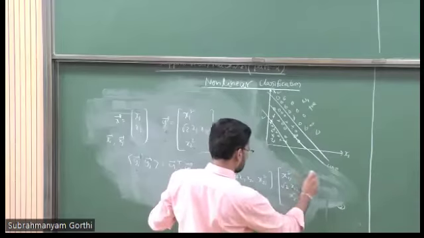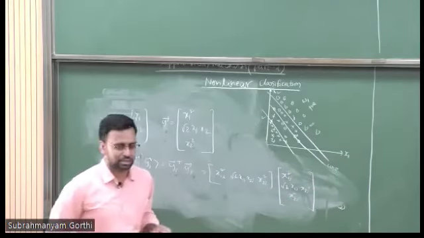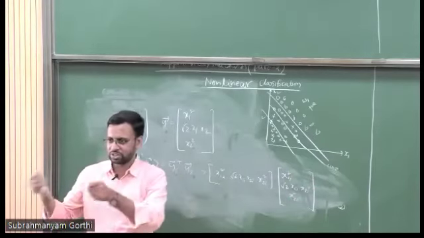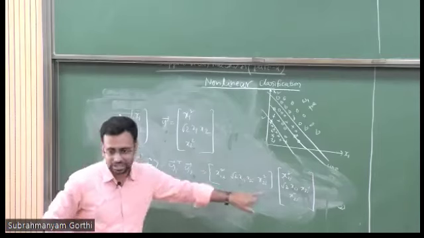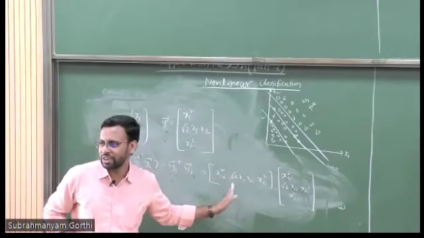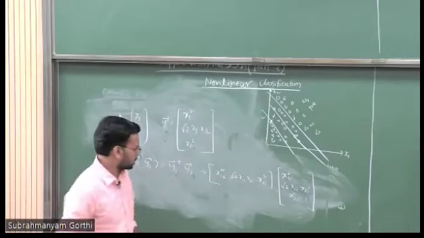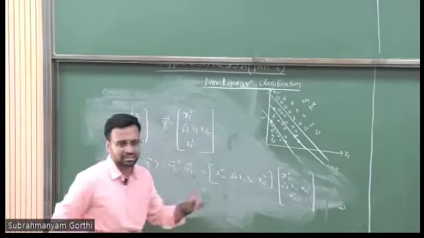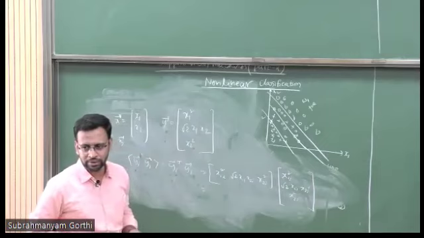I missed the square here. See, these are two different values, x1, y1, x2, y2. I don't know how to write because x1, x2 are already there, so I'm just giving one more subscript there. Nothing extraordinary I'm doing there. So what is the value there? Can you tell me the value now?